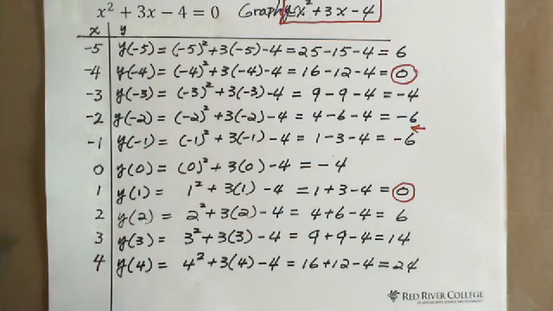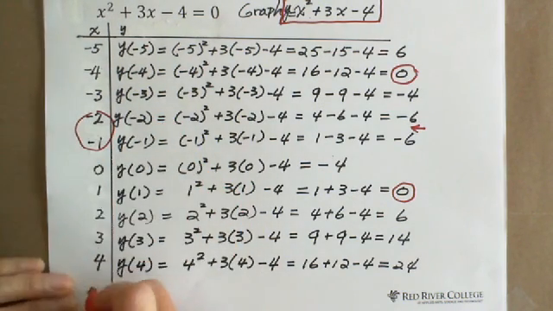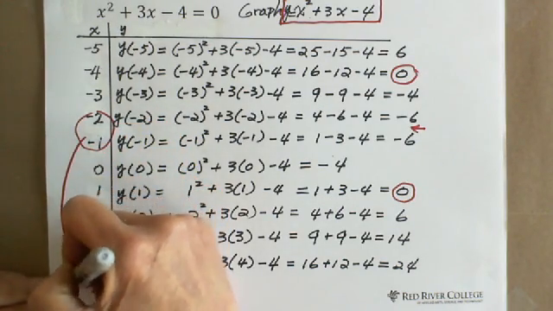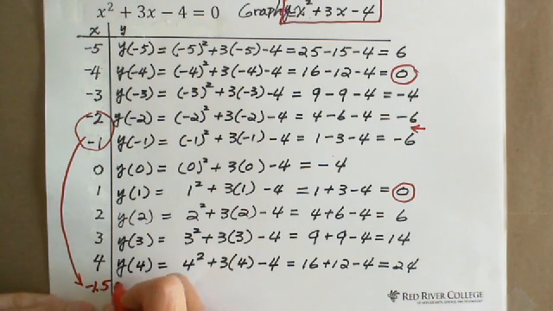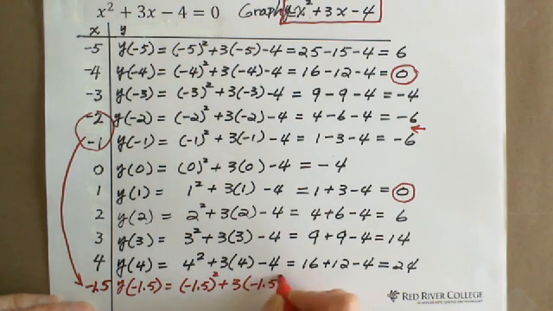Between these two, we can choose negative 1.5, which is between negative 2 and negative 1. So we also can calculate when x equals negative 1.5: negative 1.5 squared plus 3 times negative 1.5 minus 4.